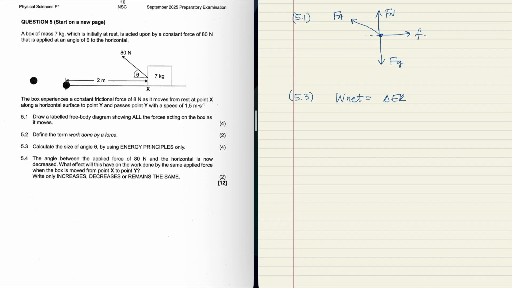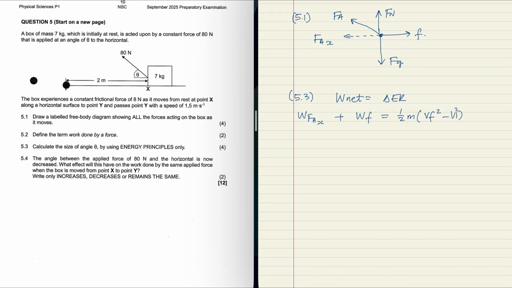We can make it a bit easier if we break it up into its components. So the work done by the force applied, and specifically its X component, plus the work done by friction is going to equal half the mass times Vf squared minus Vi squared.